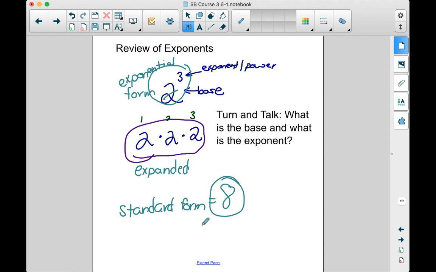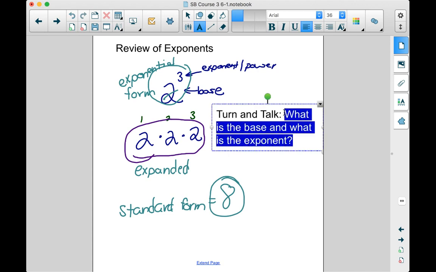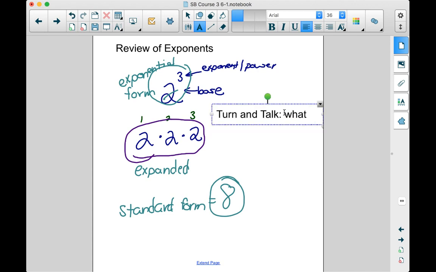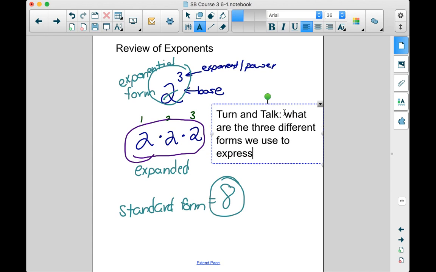Okay, so now, going back to this, I want you once again to turn and talk, but this time I want you to talk about what the 3 different forms are that we use to express these exponent expressions.